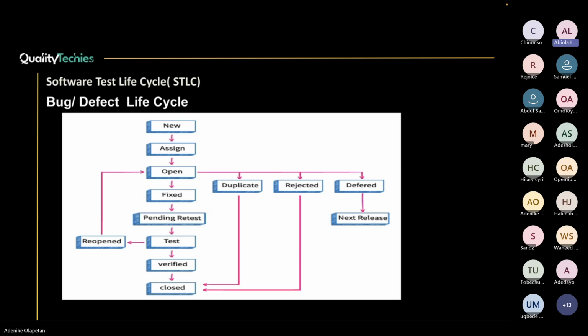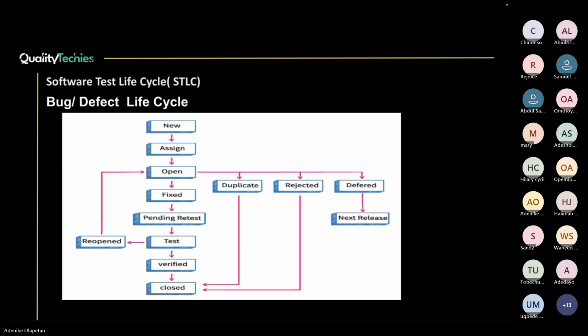After this is pending retest, you test again, you verify, and you close. You notice an arrow going to Reopen after the pending retest. Now you test it, and it still fails. That means the defect persists. You reopen it, and after you reopen it, it goes back to Open. That means the cycle still needs to happen again.